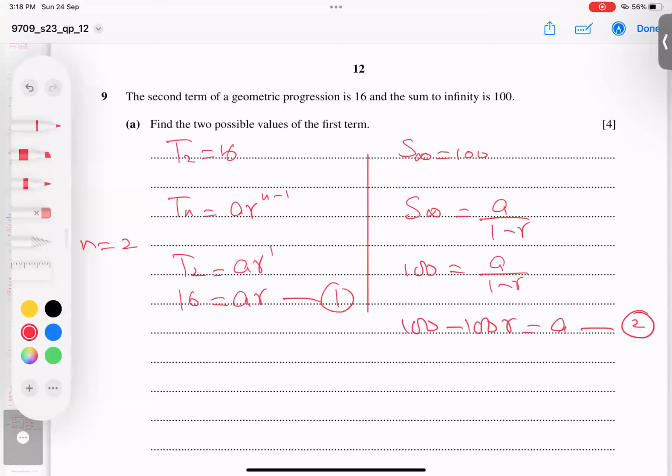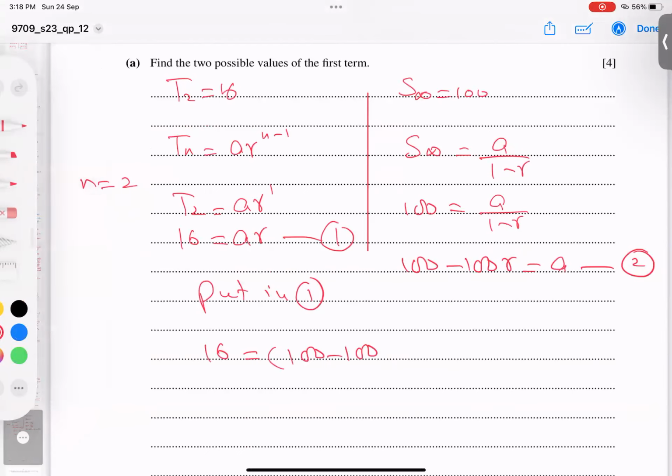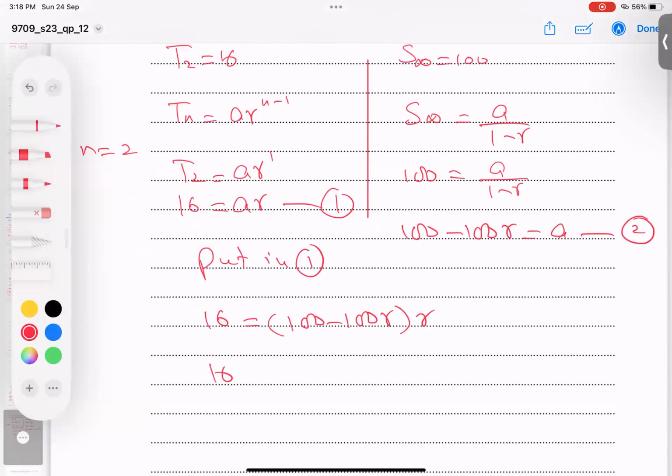So I think I can plug in this A value here. So 16 equals, when I plug in this whole thing here, students, I'm getting 16 equals 100 minus 100r times r. So 16 equals 100r minus 100r to the power 2.